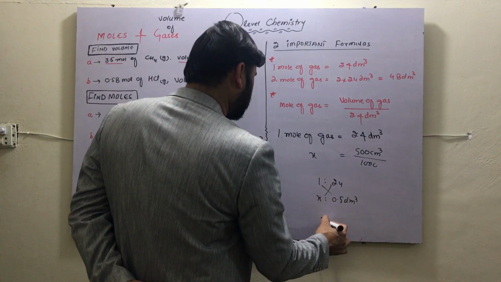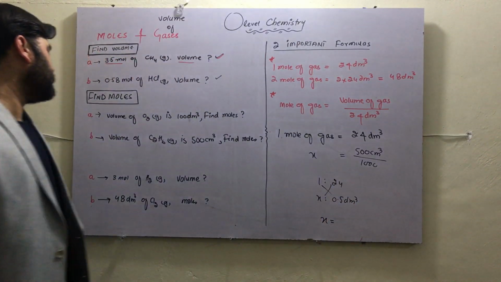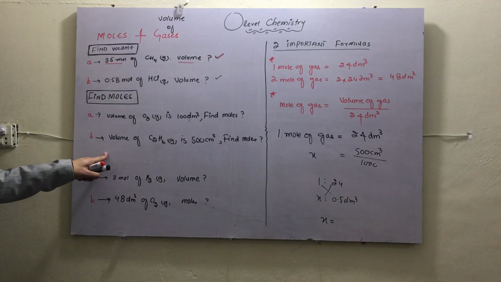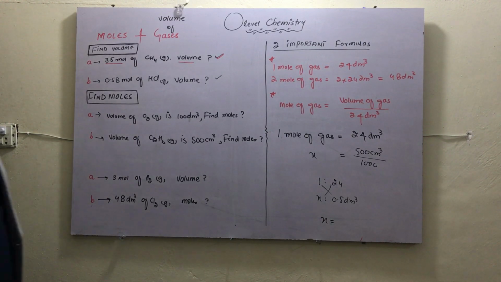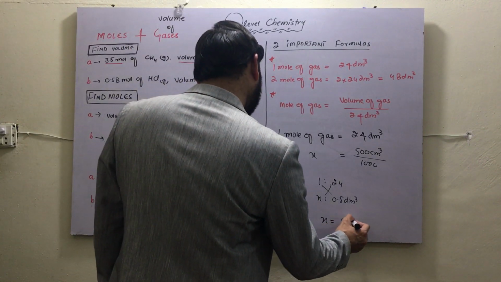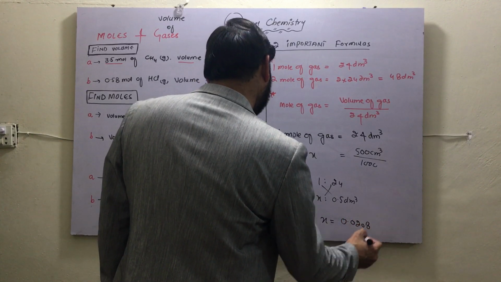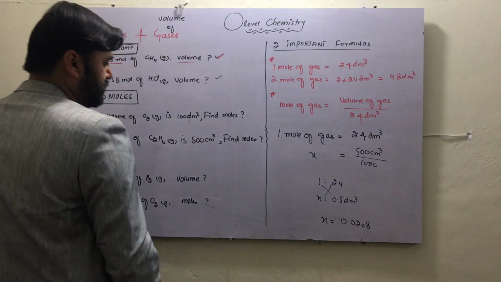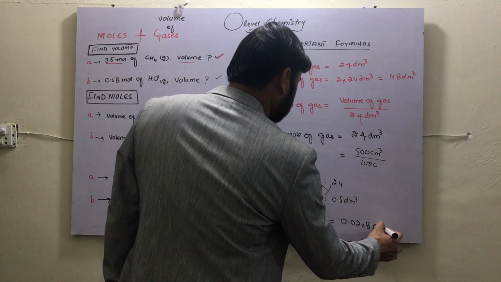Cross multiply, what will be the answer? The answer will be 0.0208. 0.0208 will be the answer of this, moles.